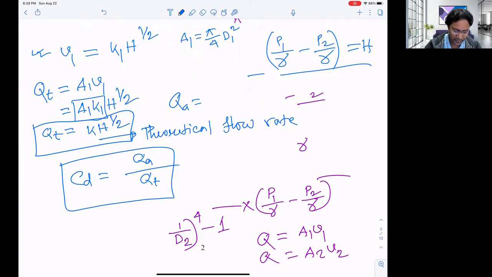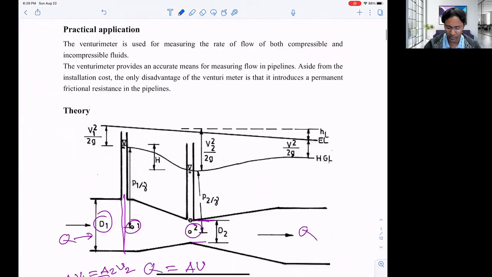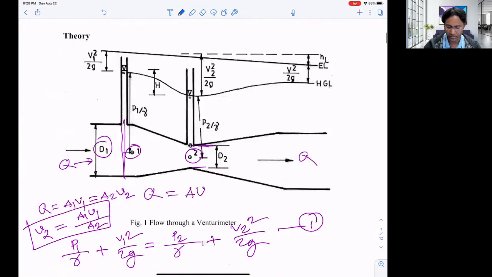So how can we calculate this QA? Since I already know what is flowing from left to right, we are collecting this water in a bucket as before. The dimension of the bucket is the same as before, 30 by 30.5 by 45.5, and we're collecting the water, for example, for 10 centimeter.